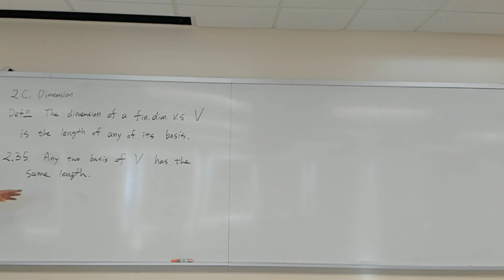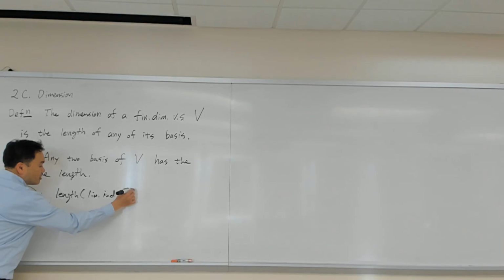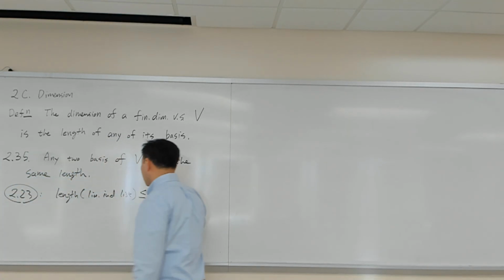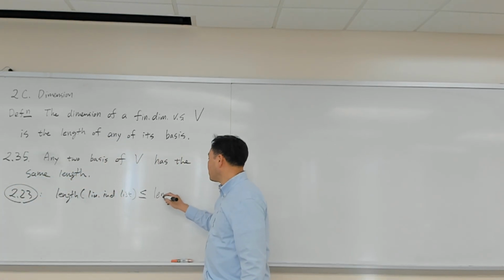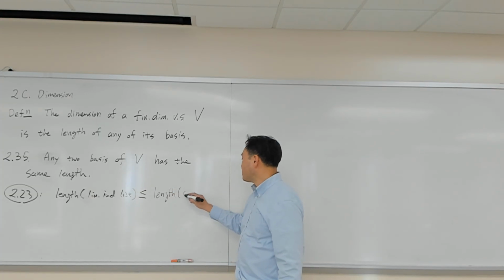So if you have a finite dimensional vector space, then any two bases have the same length. Well, this is a direct consequence of 2.23, which was that length of linearly independent list is always less than or equal to length of spanning list.